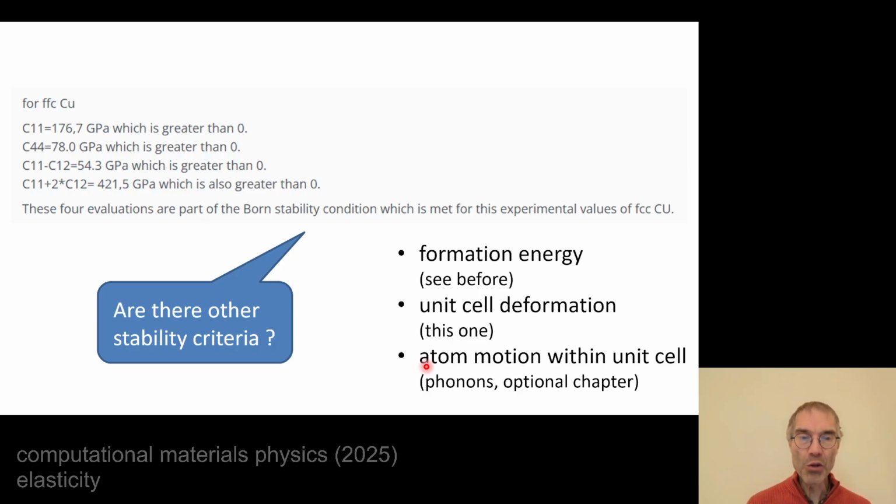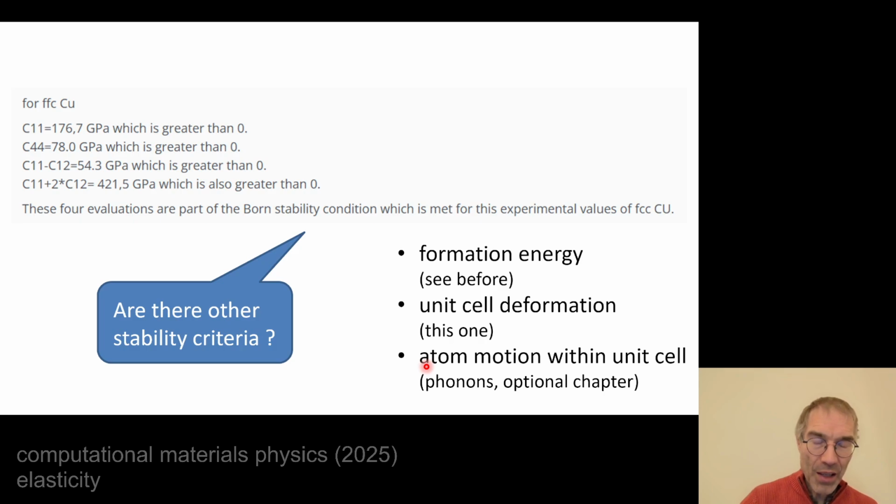So if you calculate the phonon spectrum and you find something which is called a soft mode, an imaginary phonon frequency, then your crystal will not be stable, not because deforming the unit cell would not bring it back, but because making the atoms move according to that particular phonon mode would rip the crystal apart.